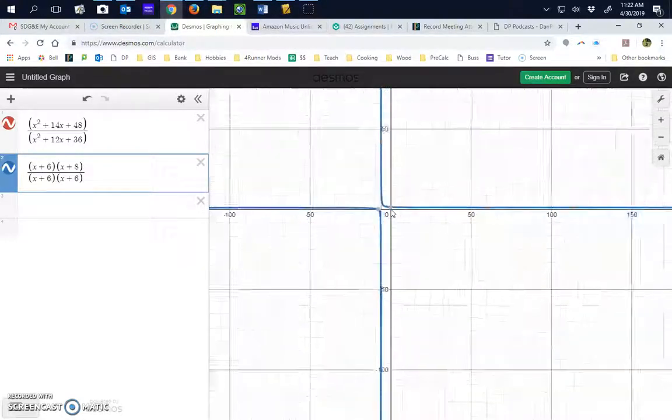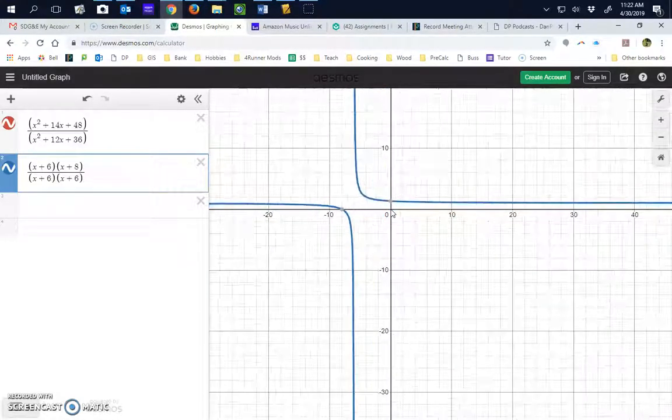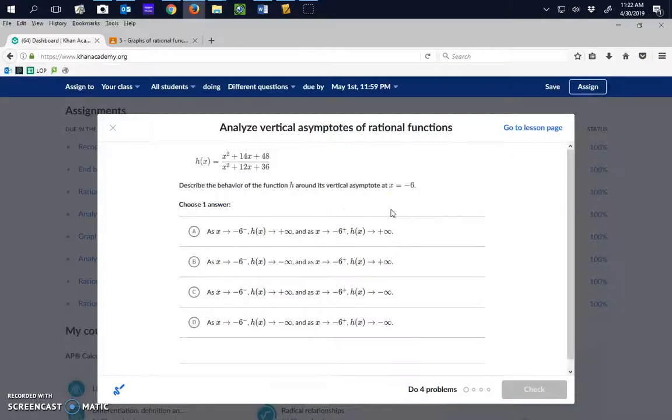And the question, this is probably good right here. So the question again. Describe the behavior of the function around its vertical asymptote at x equals -6. So the answers look very confusing. What we need to look at is as x approaches, that's what this arrow means, approaches -6 from the negative side.